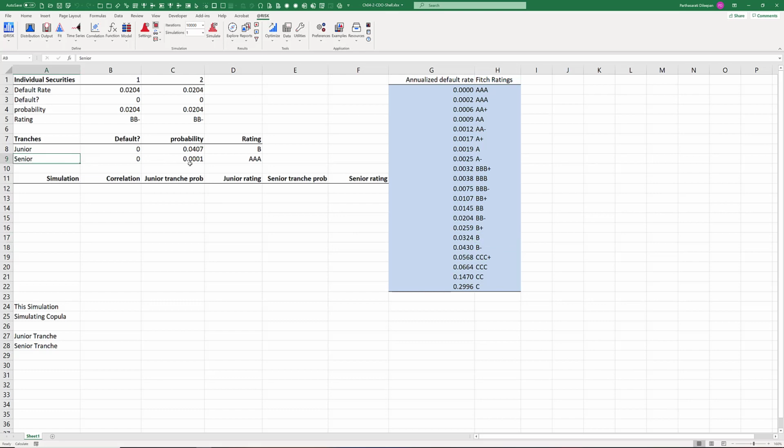But in the case of the senior tranche, you go from BB to AAA. That's really a jump. The senior tranche ends up being perceived as a lot safer bet than the underlying individual assets.